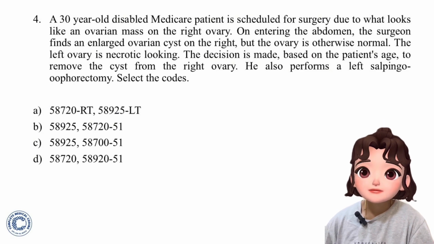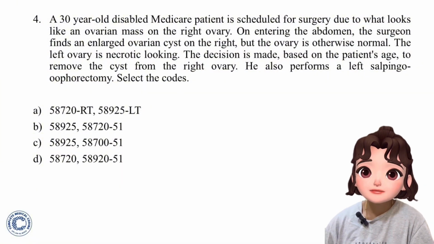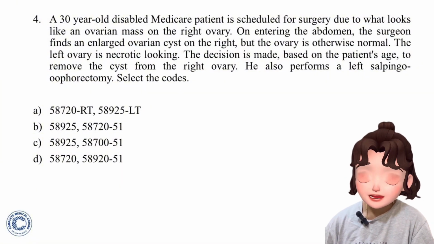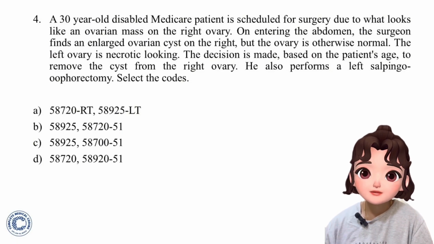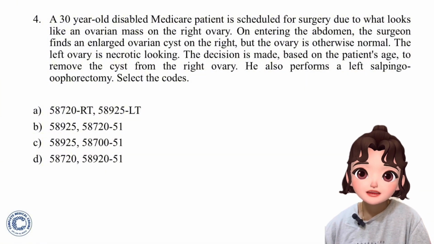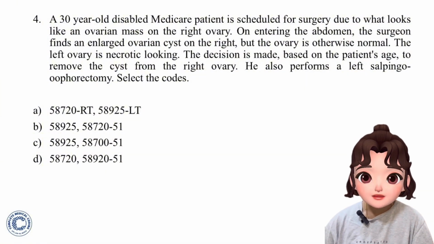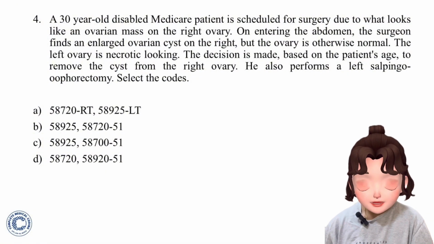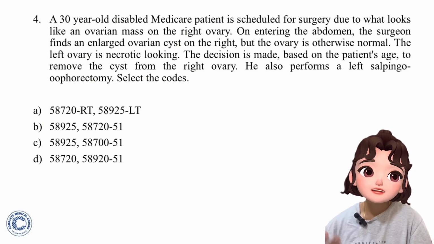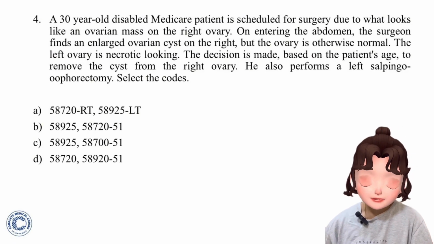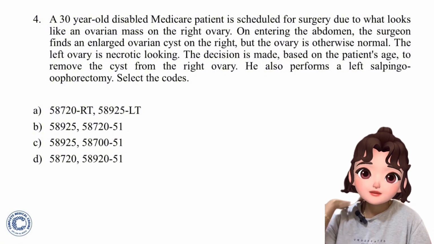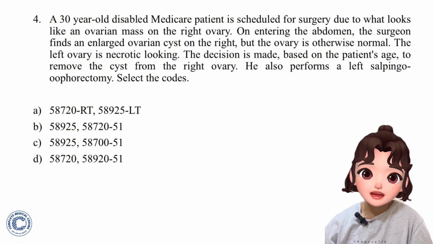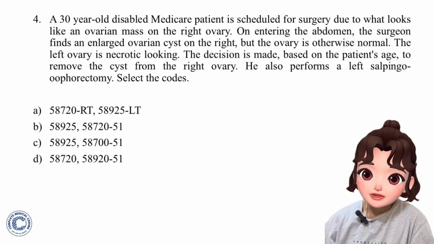Removal of the ovarian cyst, which is 58925, ovarian cystectomy. In the code description it is mentioned as unilateral or bilateral, so no need to append any modifier. Anyway, in the question it is the right ovary, but no need to mark any modifier because it's mentioned as unilateral or bilateral. That is what we need.